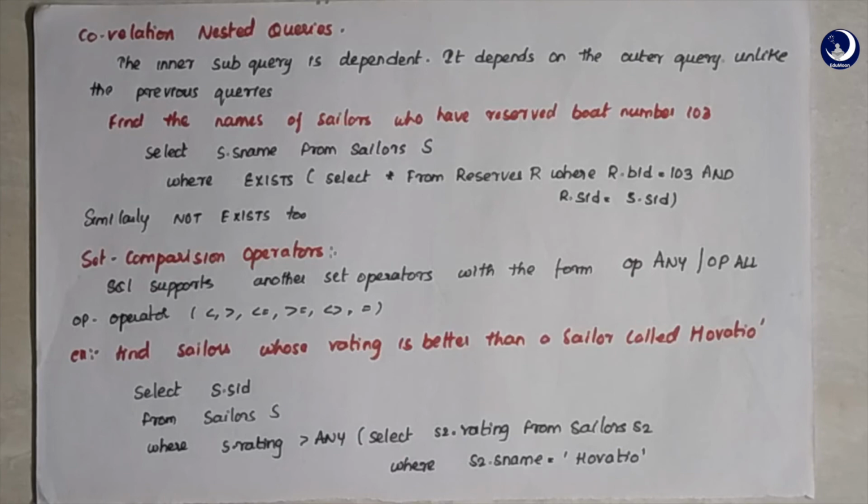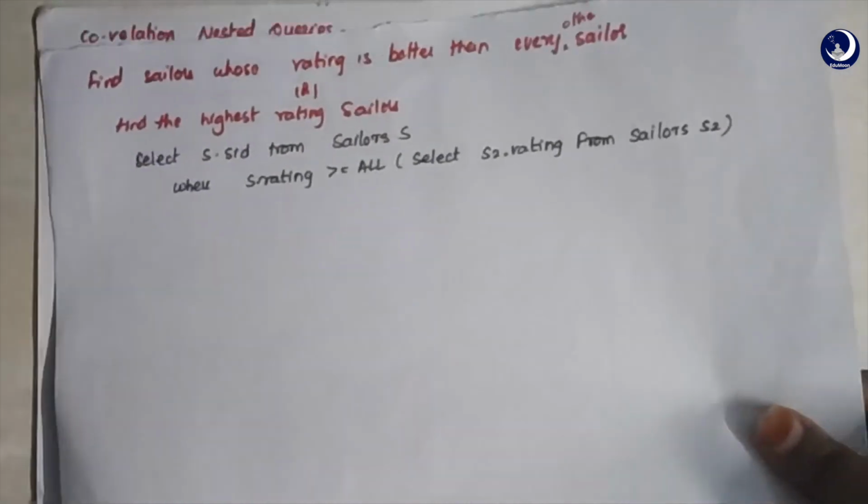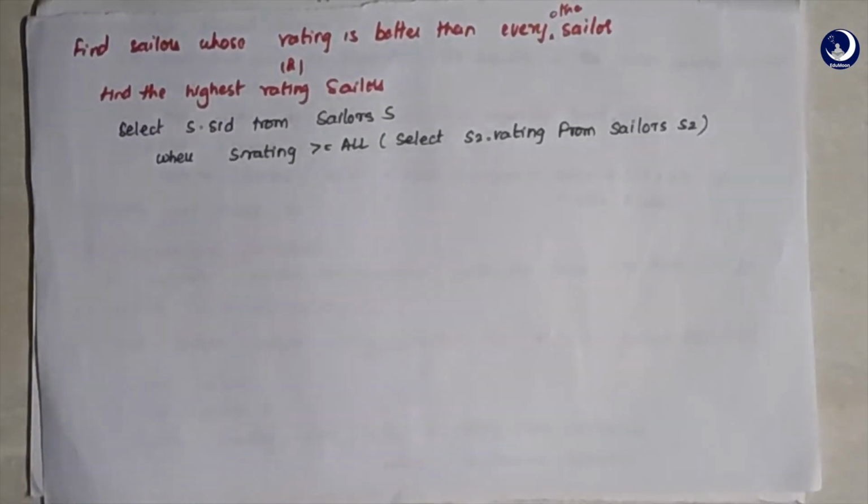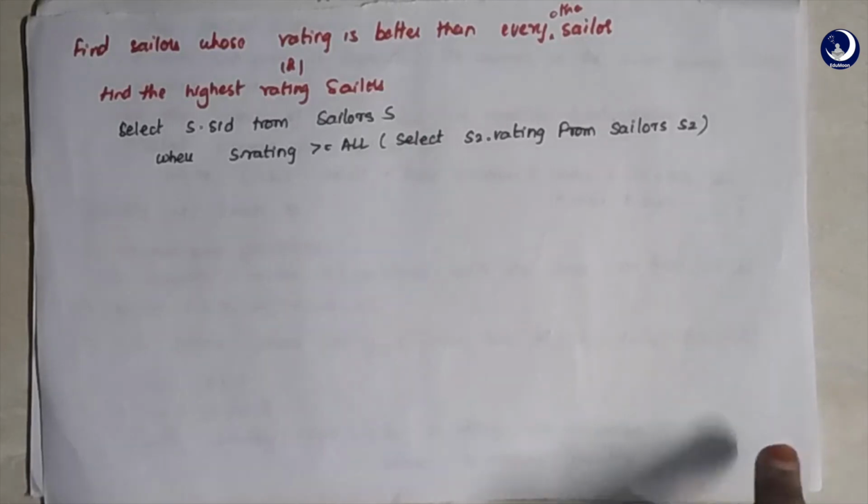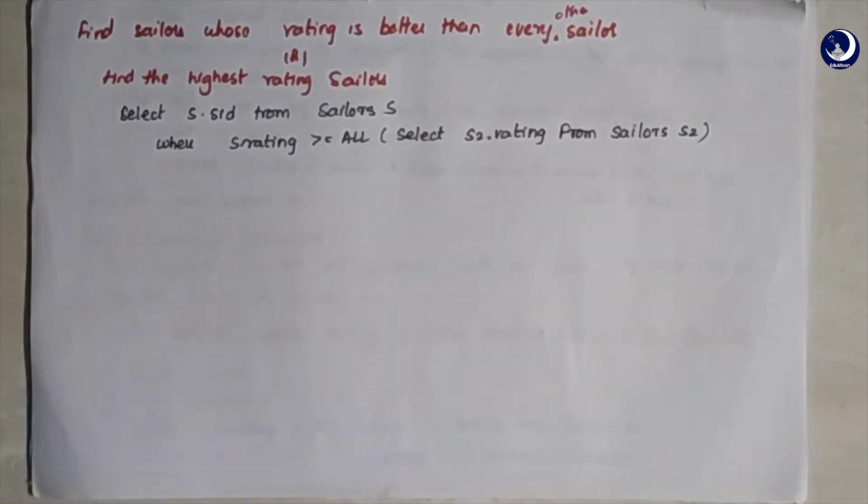Let's look at the other one, which is an operator followed by ALL, generally used for finding the highest value, the lowest value or the greatest value, where you compare the entire list to find the one which is higher than all the rows in that particular query. Let's look at an example. Find the sailors whose rating is better than every other sailor, or you can say you want the highest rating sailor. How are you going to do that? We use greater than or equal to ALL, which should give the ratings greater than any other sailor in the sailors table.